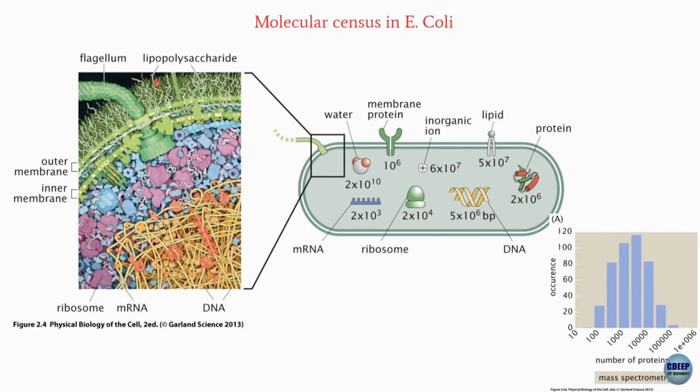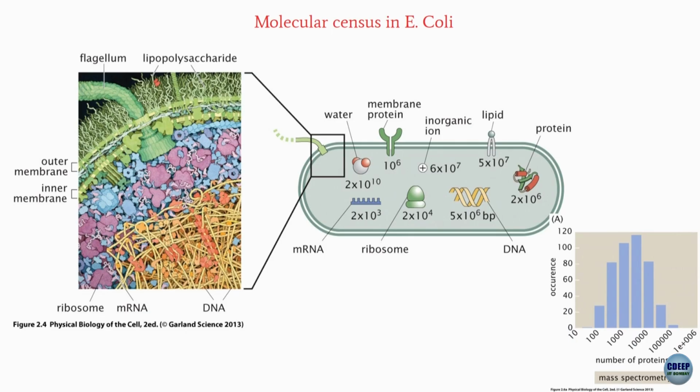Not just a twofold or threefold variation, but an order of magnitude variation in these protein populations. These are of course fluctuating quantities, but still, to give you a mean estimate of how crowded these cells are, it's good to keep these numbers in mind.